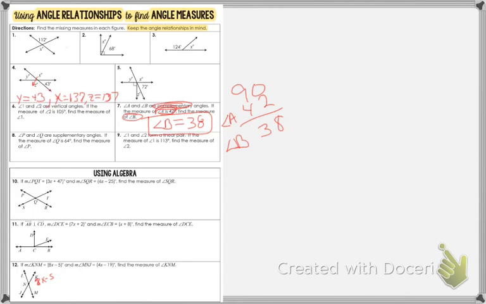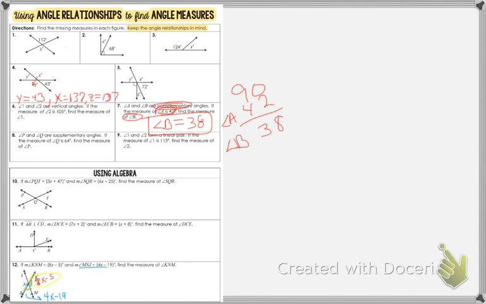Then M and J, this guy is 4x minus 19. They want us to find out what this angle is. Well, it's not that hard, I guess. Well, we know that this one right here is 4x minus 19. We know this one right here is 8x minus 5.